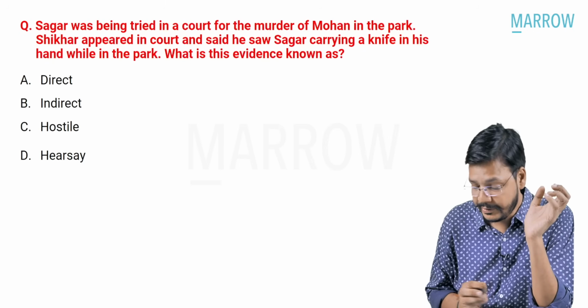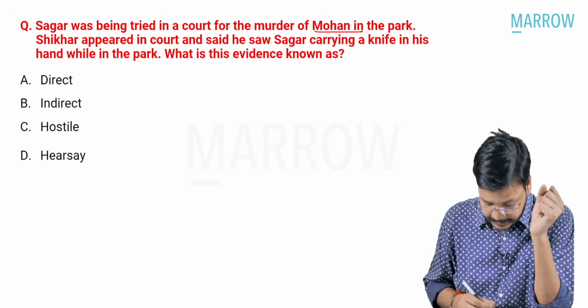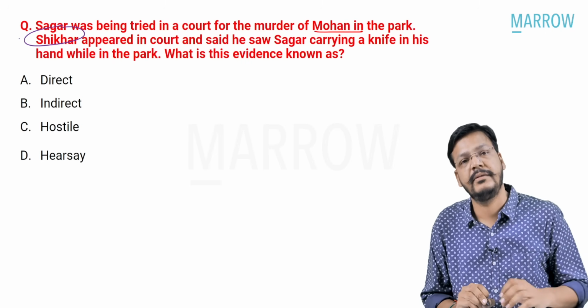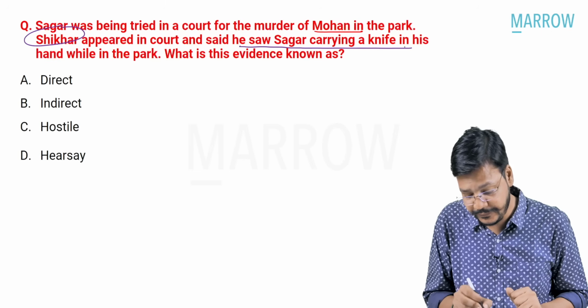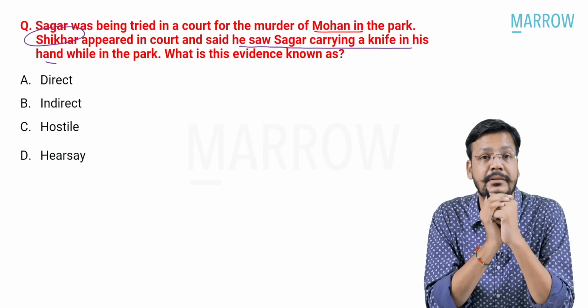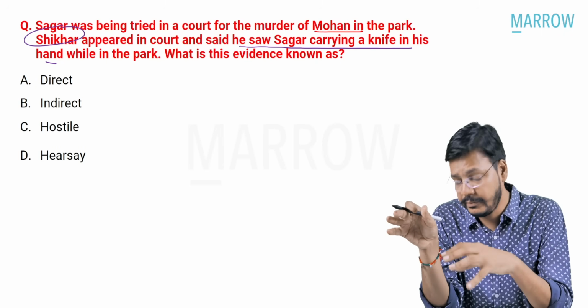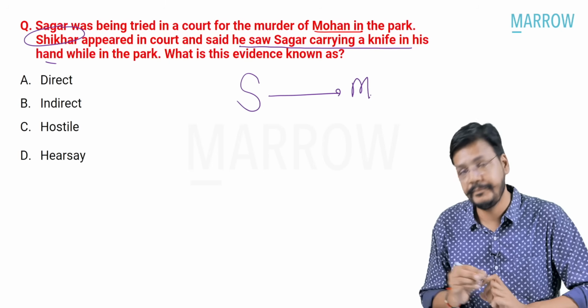Sagar was being tried in the court for the murder of Mohan in the park. Seeker appeared in the court as a witness and said he saw Sagar carrying a knife in his hand. He has not seen the murder. Sagar was being tried for the murder of Mohan, which means Sagar killed Mohan.